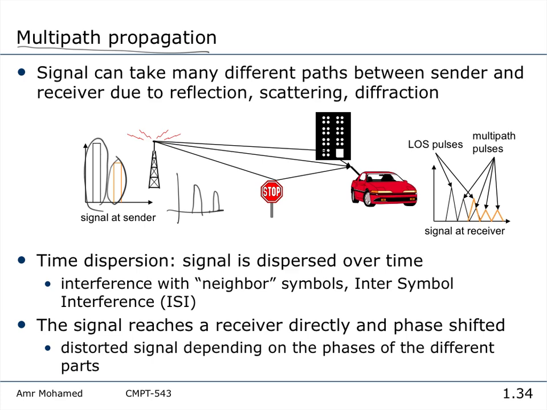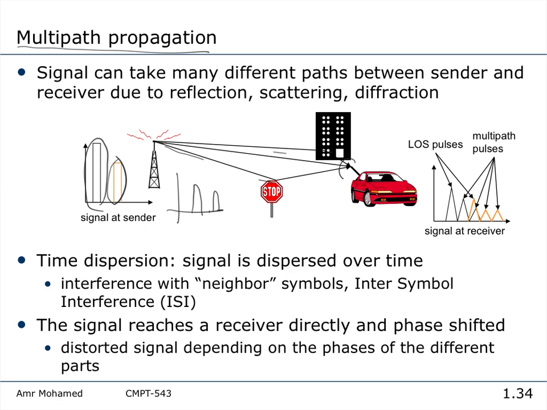Multipath fading talks about the fact that if the signal is going omnidirectionally like this, you have many paths for this signal. Some of these paths may hit an obstacle and get reflected or scattered, right? Reflected from here or reflected from this object.